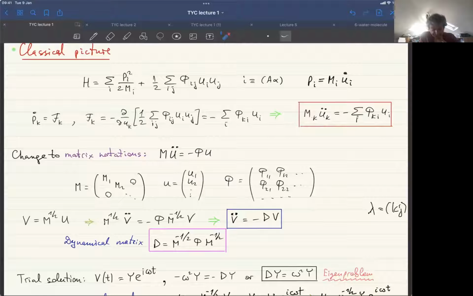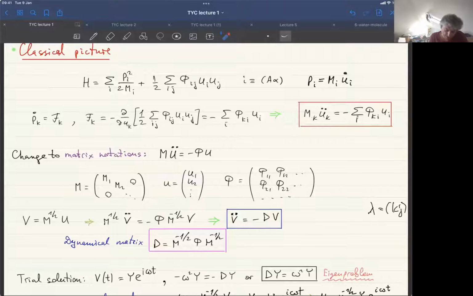And the way to do it is first to introduce, instead of the displacement vector u, another vector v. Let's call it massless displacements, by introducing this matrix M to the power 1/2 here. So what is that M to the power 1/2? It's the same diagonal matrix like this one, but you have square roots here along the diagonal.